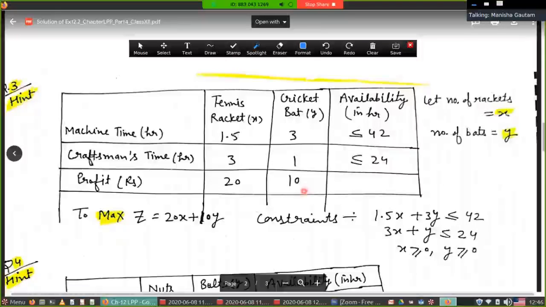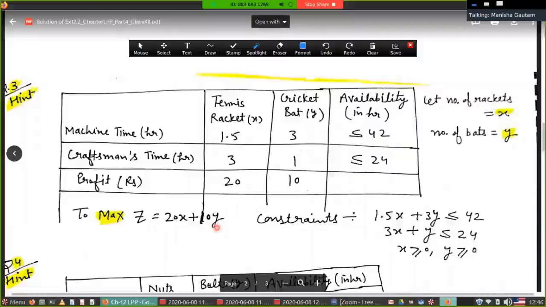I have framed the table. Read the statement. What information is given to you? All the information is given in this table. Now the inequality becomes 1.5x plus 3y less than or equal to 42, and 3x plus y less than or equal to 24, and maximize the profit Z equal to 20x plus 10y.